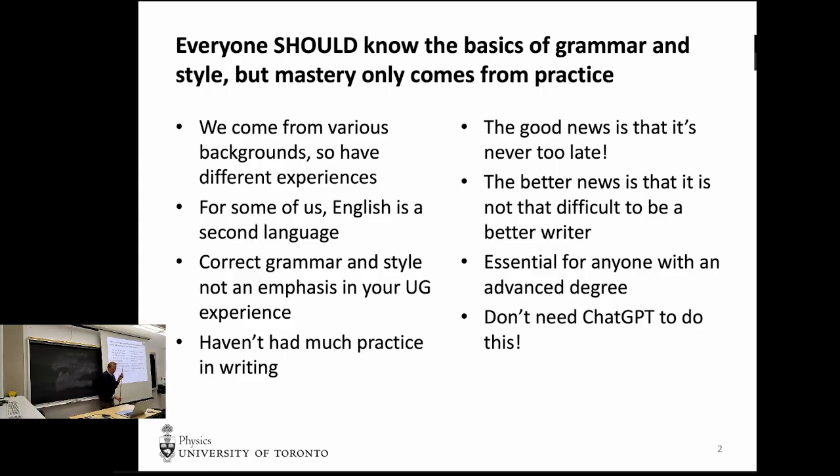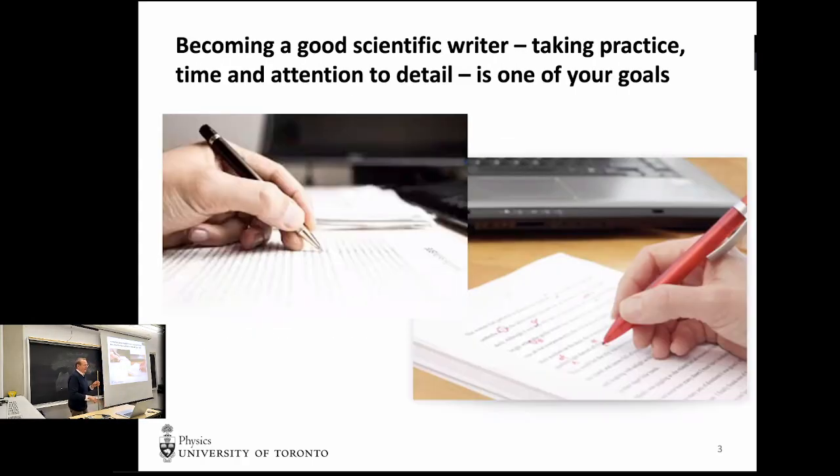And for people who think that now they don't have to write because ChatGPT or Copilot or Gemini are around, that's not the case, and we'll see a few examples of that. So it does take practice, some time and attention to detail. We'll talk a little bit about what kind of time it takes and how you should be using your time when you're writing.